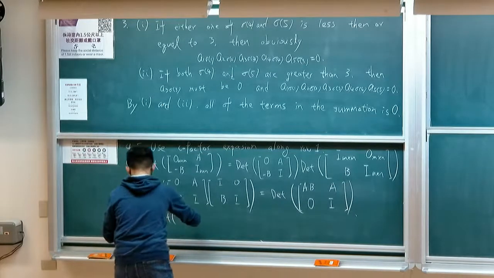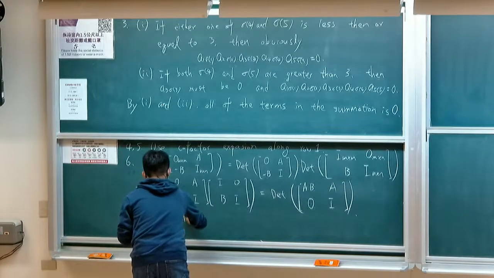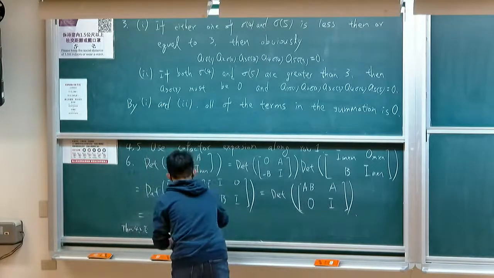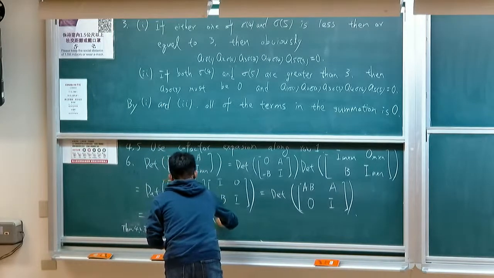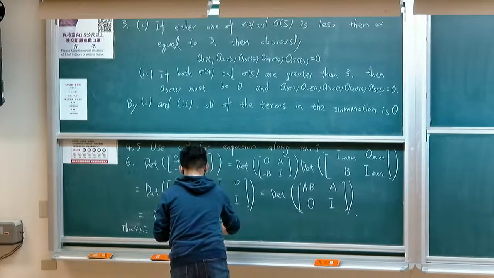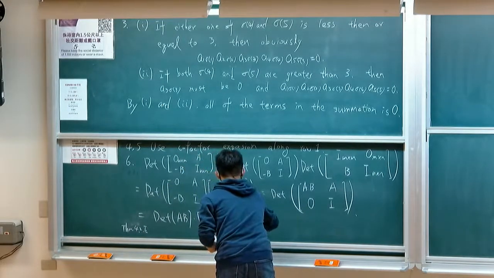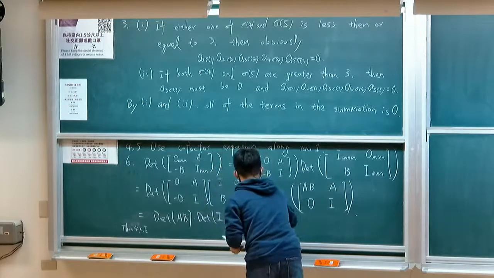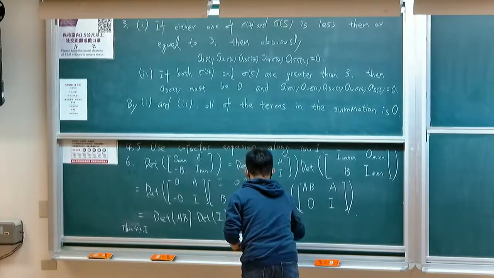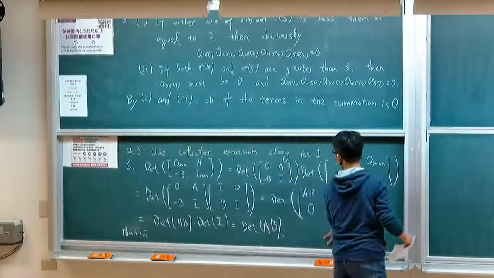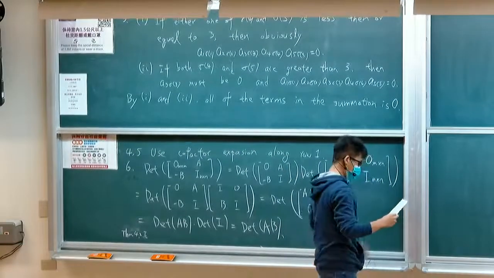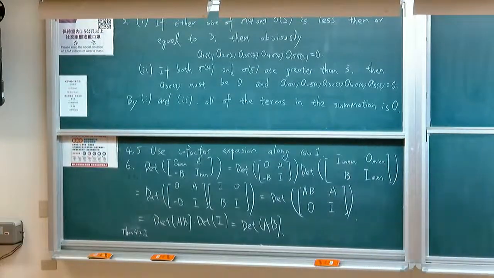It is equal to the determinant of AB times the determinant of I. And this is 1, so it is equal to determinant of AB. Okay, now let's go to exercise 7.